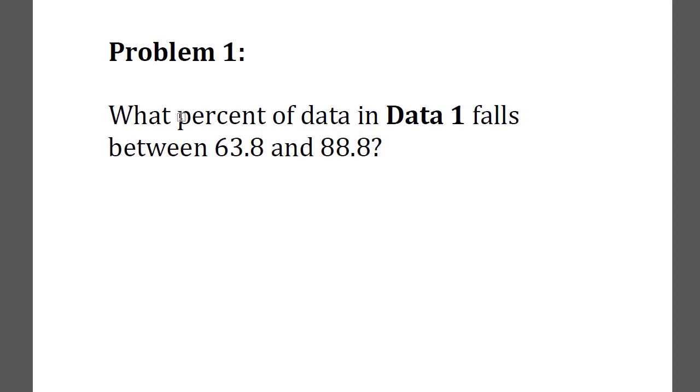The key idea is that we're looking for the percent of data, and data 1 is just the data we're working with as an example. Another key idea is that we want those values to be between 63.8 and 88.8, and that's why I was highlighting those values that qualify for this interval. There's the low and there's the high here.